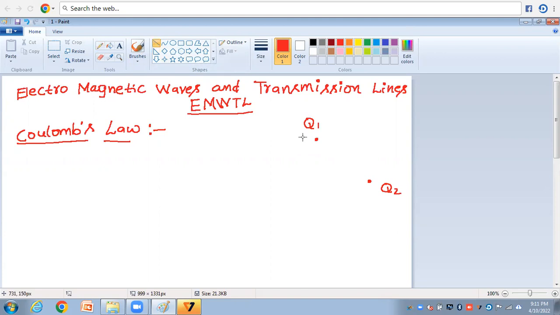The line joins these 2 points, and the distance between them is treated as R1,2.